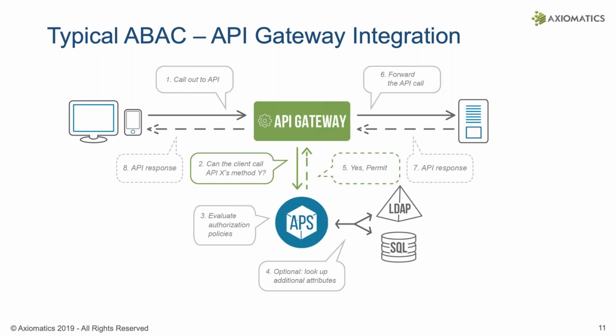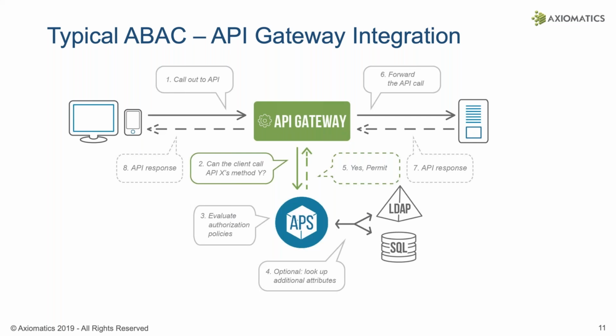It will optionally, if need be, look up additional attributes from underlying data sources. Here, LDAP and SQL are exemplified, but it could be any data source that holds the attribute information that you need. The authorization engine will then come to a decision based on the attributes and the policy.